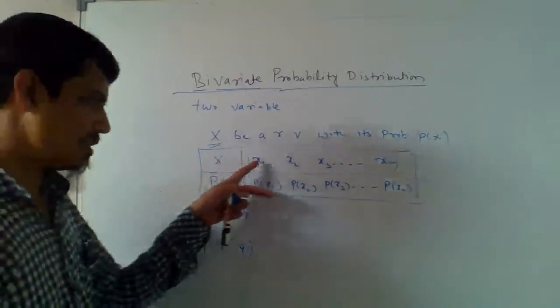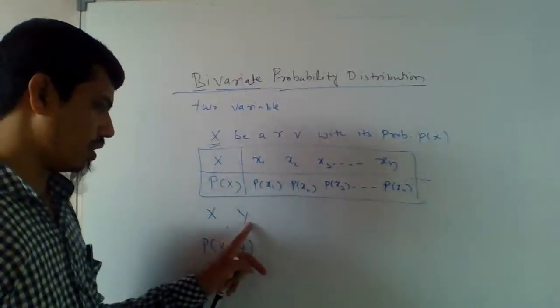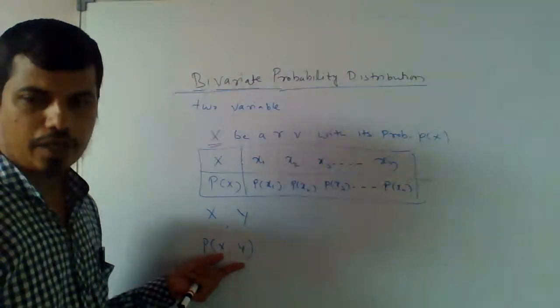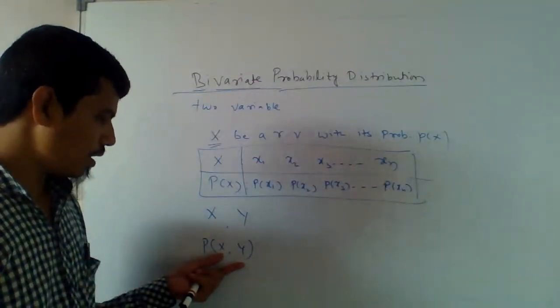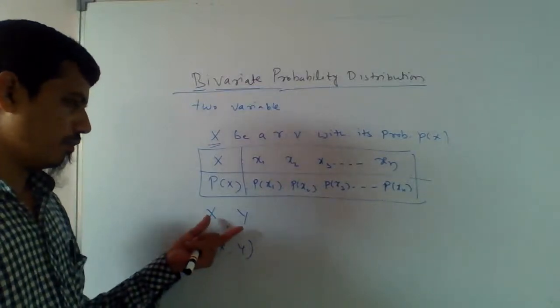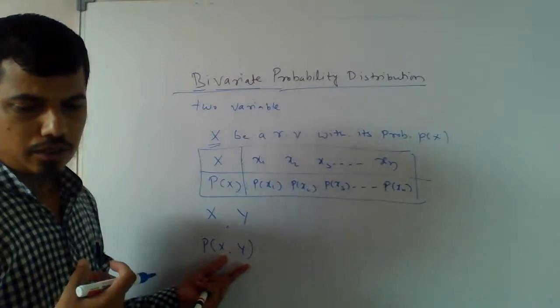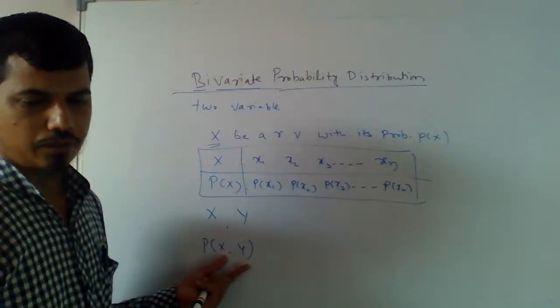If you write all the values of x and all the values of y, and define the probability function p of x y, such a p of x y, the two variables with its probability, is known as a bivariate probability distribution.